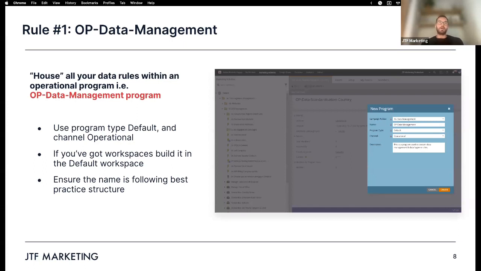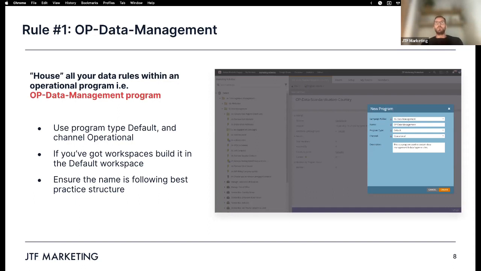So you could have, say, a data field that gets updated incorrectly. You always want to map that field that's maybe not correct to a correct field, but it happens a lot. So set up a program and just have it work for you in the background. So what we're saying here is create that suite and house those data rules within a program.